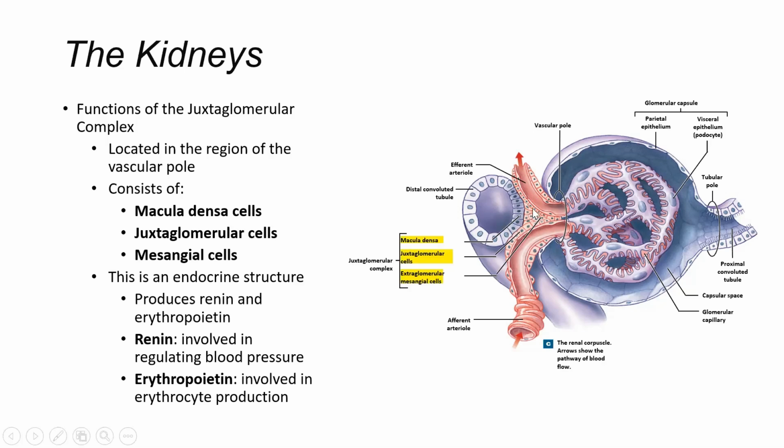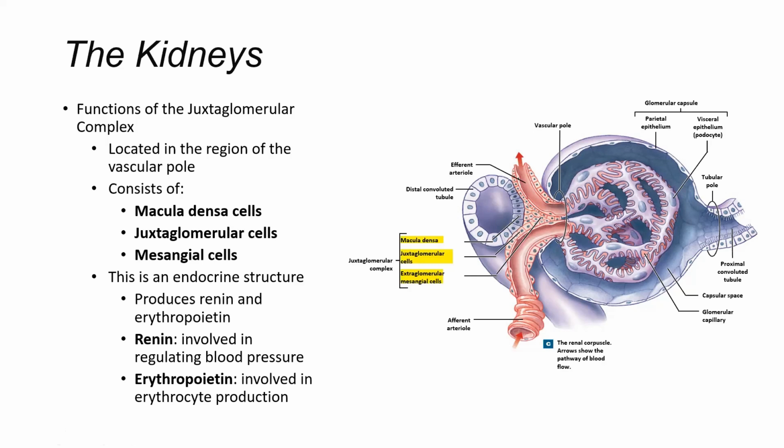So that's the macula densa, which is a part of the distal convoluted tubule; the juxtaglomerular cells, which are lining the afferent arteriole only; the extraglomerular mesangial cells, which are nestled in between the afferent and efferent arteriole; and then the DCT peripherally here.